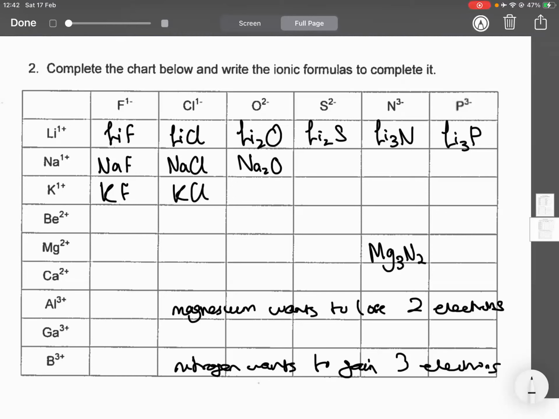Then there has to be 3 of this and 2 of this, so that 6 electrons can be transferred. It's like in maths when you work out the lowest common multiple. So there'll be 6 electrons going from magnesium to nitrogen. But the hack is just to always swap the numbers, just don't forget that.